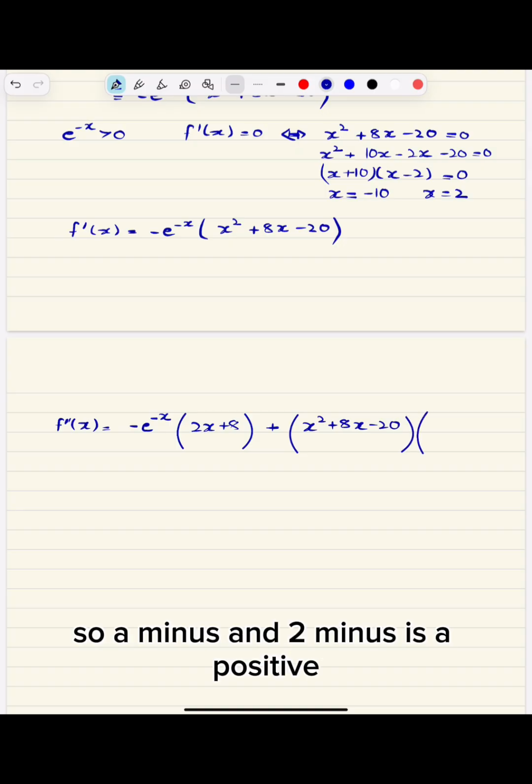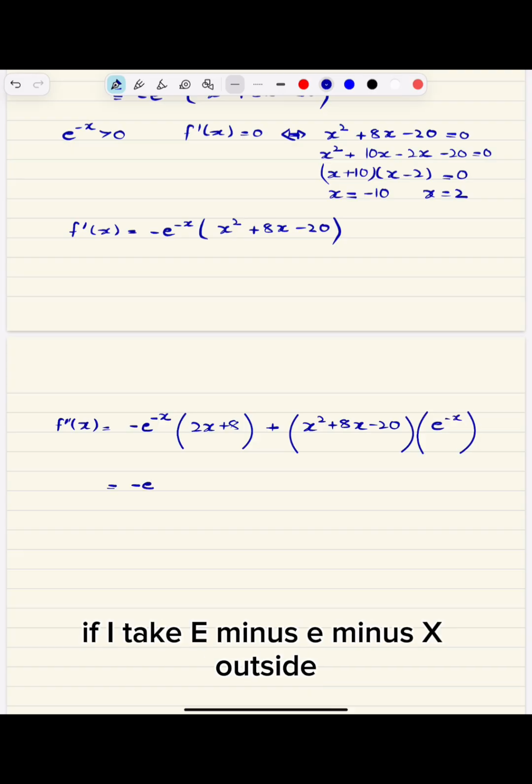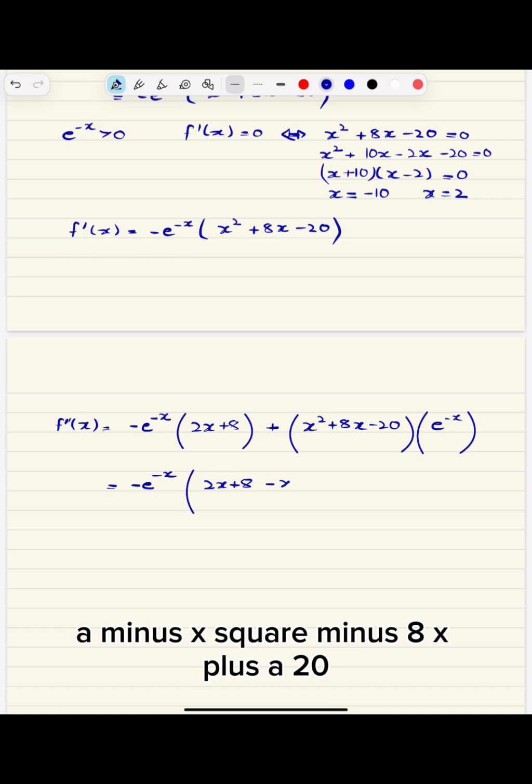So a minus into minus is a positive, so we're going to be left with this. Okay, if I take e to the minus x outside, we'll have 2x plus 8 and minus x squared minus 8x plus 20.